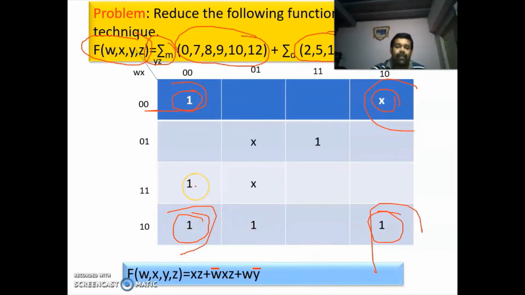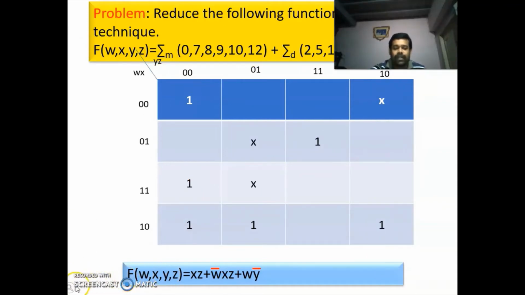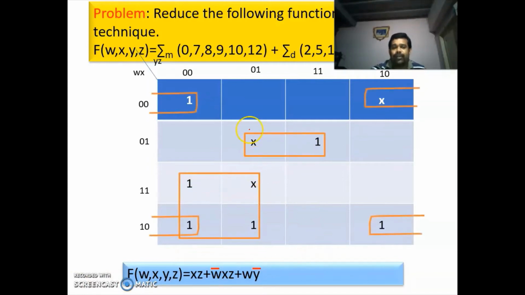Similarly here you have a 1, and if you consider this X as 1, you can go for a quad. Then only one is left ungrouped, and if you consider this X as 1, you can group it in this manner. So this is the first grouping, second grouping and third grouping.